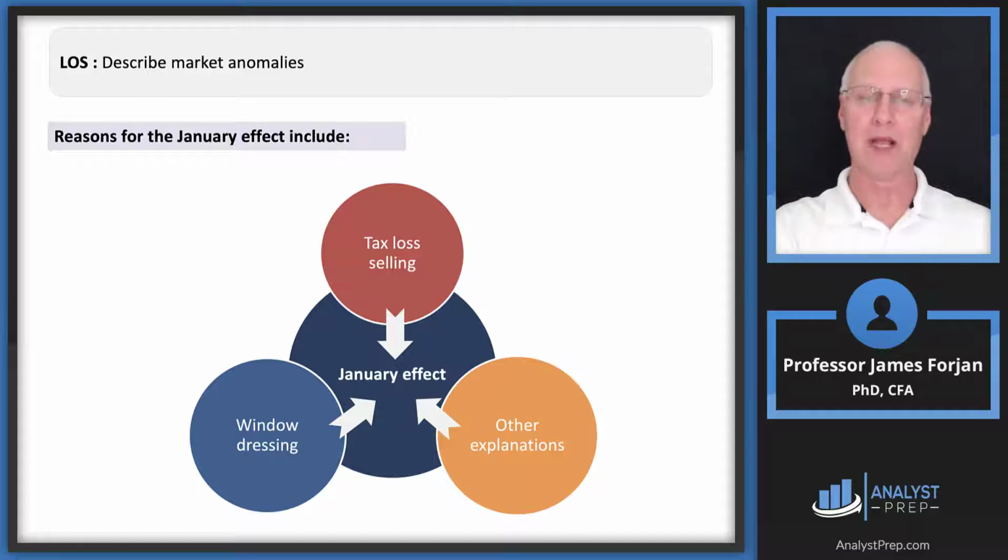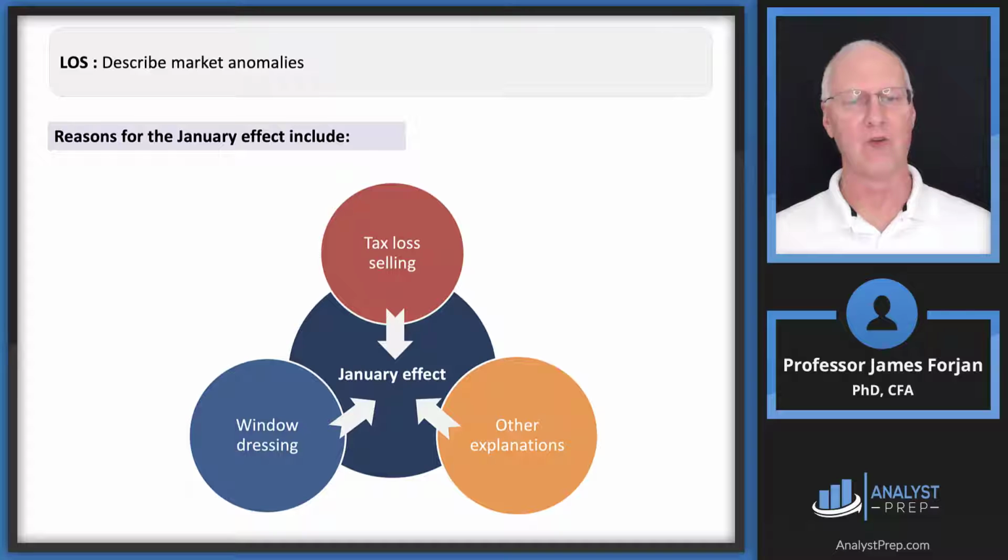It can pop up like a whack-a-mole, but sometimes it doesn't persist, but sometimes there's a reasonable explanation that doesn't punch a hole into the efficient markets hypothesis. So I'm pretty sure that not too many think that there's a January effect that ruins the efficient markets hypothesis.